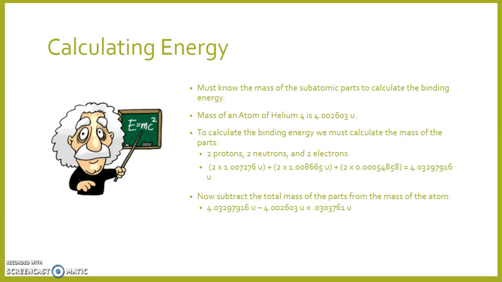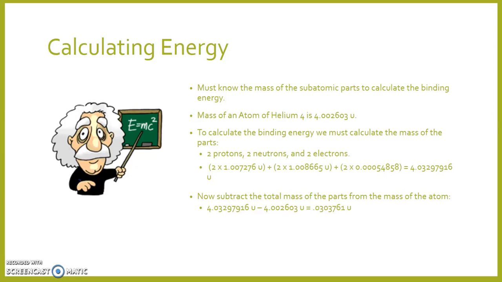The mass of the atom of helium-4 is 4.002603 U. To calculate the binding energy, we must calculate the mass of the parts. So we know that helium has 2 protons, 2 neutrons, and 2 electrons. So we add those together: 2 times the mass of the protons plus 2 times the mass of neutrons plus 2 times the mass of electrons.